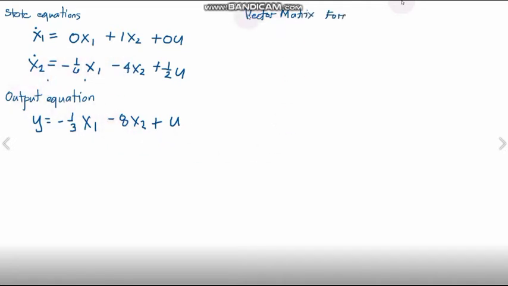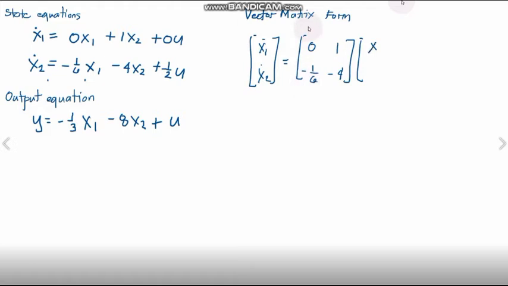If we're going to write it in vector matrix form, it would be like this. The state variables x1 dot, x2 dot will be equal to the matrix A. So this is the matrix A: 0, 1, negative 1/6, negative 4.